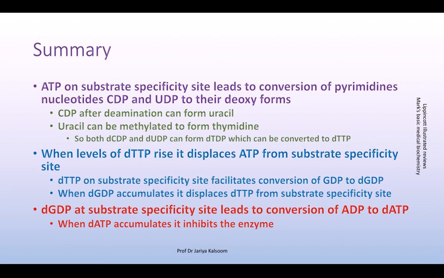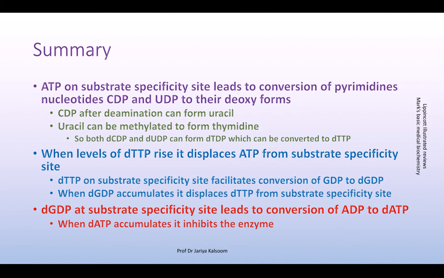And finally, first of all, ATP sits on the substrate specificity site, and there is the formation of DTTP. And when DTTP accumulates, it is going to displace ATP, and DTTP leads to the conversion of GDP to DGDP.